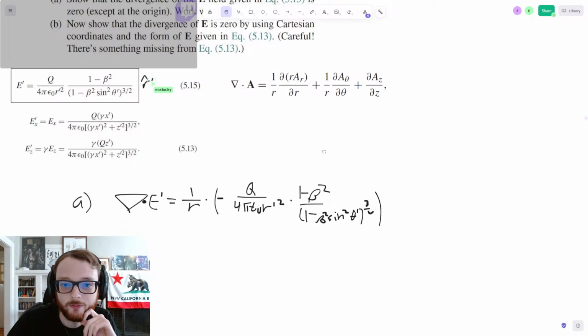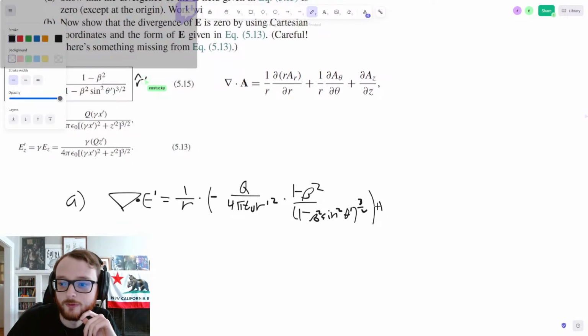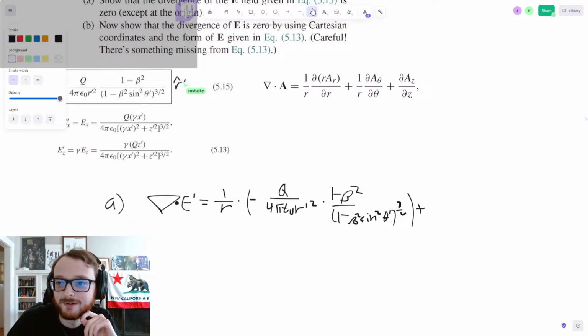We don't have to worry about the z term, and we derive with respect to theta. Q over 4 pi epsilon naught r prime cubed.